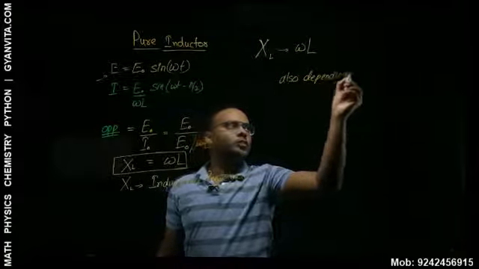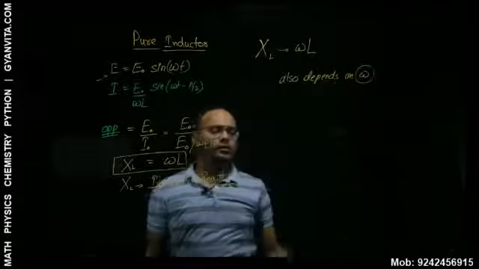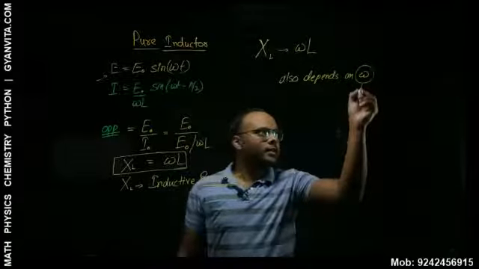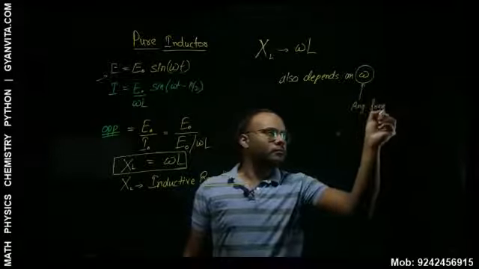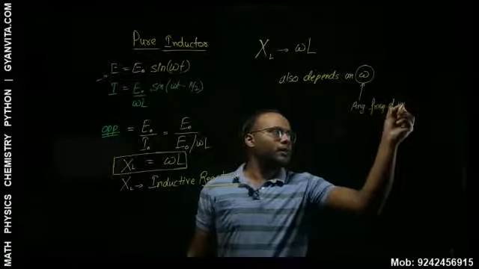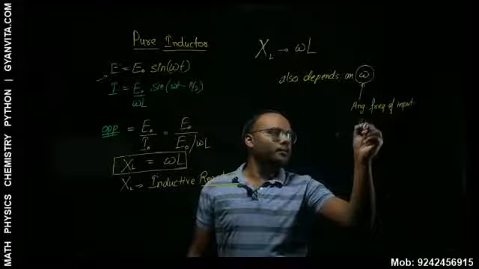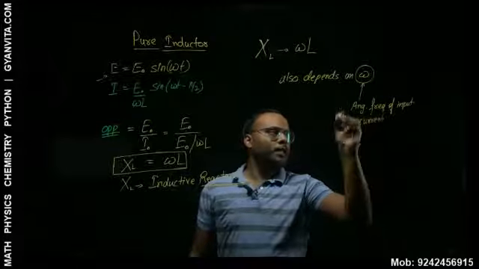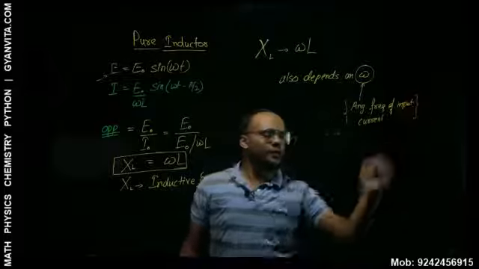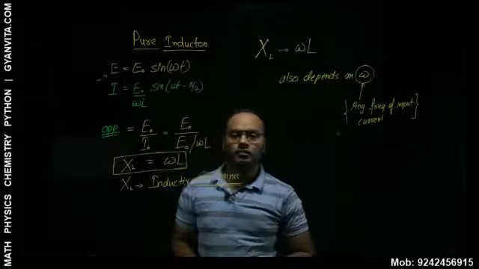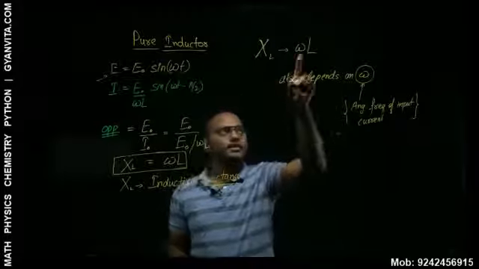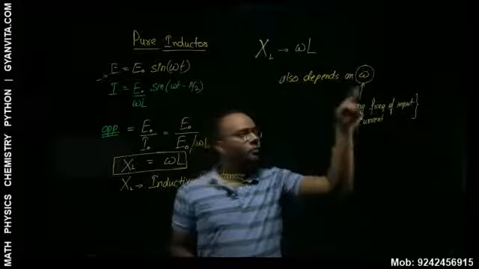What is omega? Omega is the angular frequency of the input current. The resistance which we have studied was not dependent on the input current, but this XL is dependent on omega, which is a property of the input current.